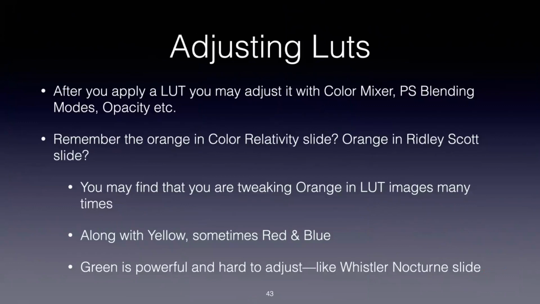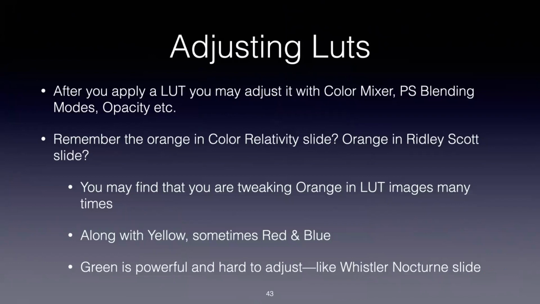Like I said, you can adjust it with the color mixer in Camera Raw, so you can call Camera Raw as a filter and use the color mixer. You can change it with a Photoshop blending mode, like screen, overlay, or darken in the layers menu. You can change the opacity.